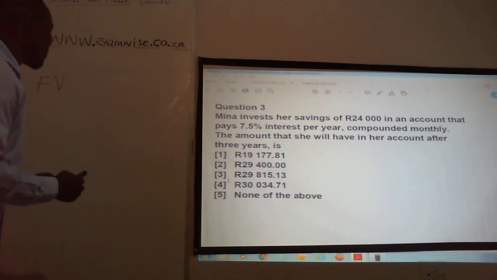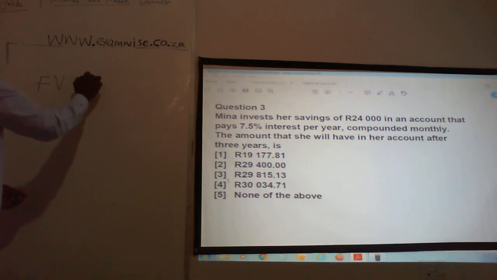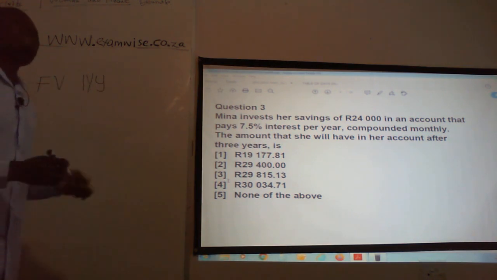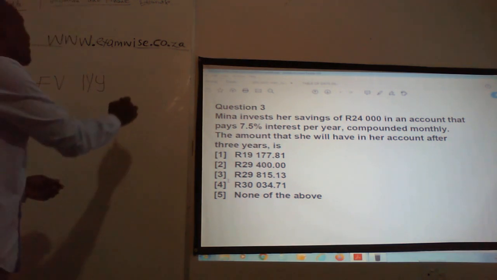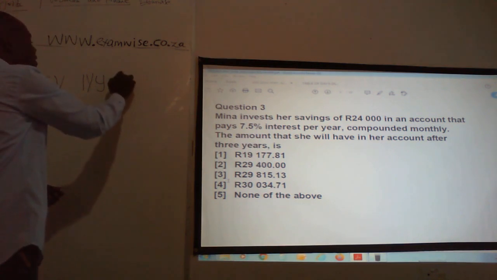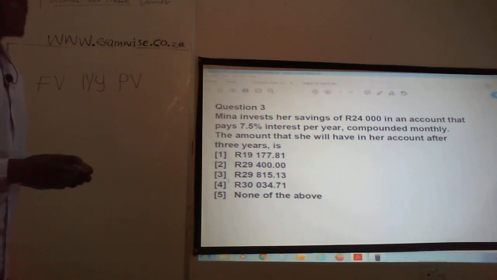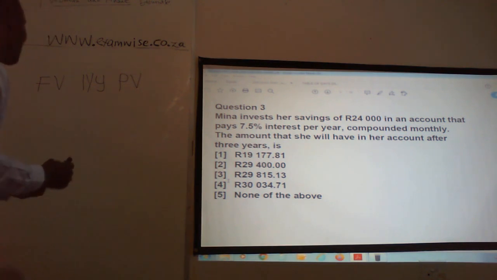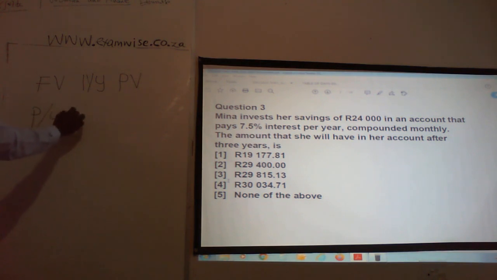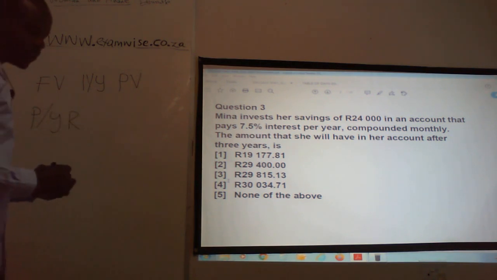And we also know that you will be earning interest. For the purpose of our HP financial calculator, we use 1 over y for interest. And then the amount which you originally invested, we call it our present value. And then we also have P over YR.